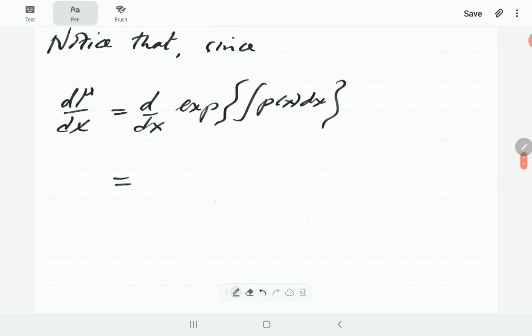Well, the derivative of an exponential is the same exponential times the derivative of the exponent.